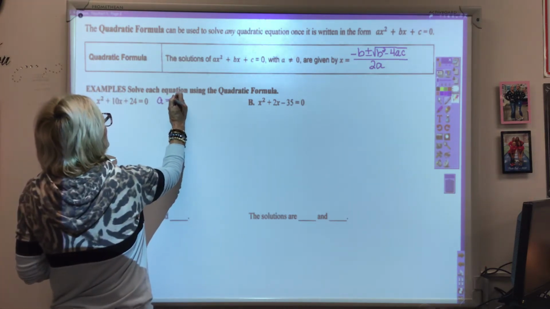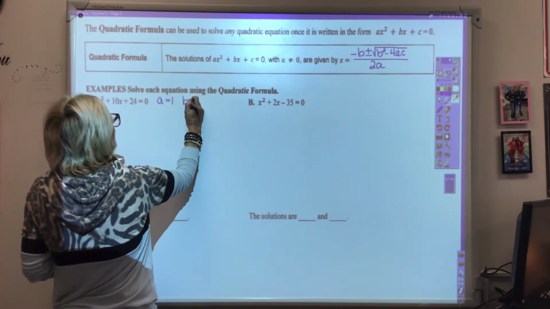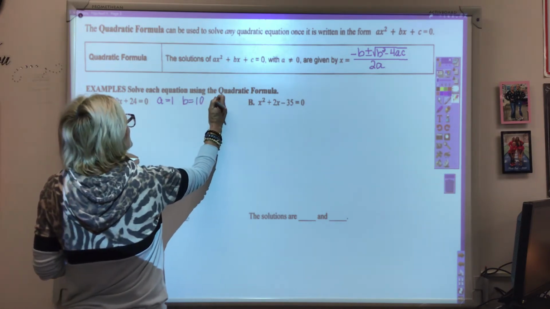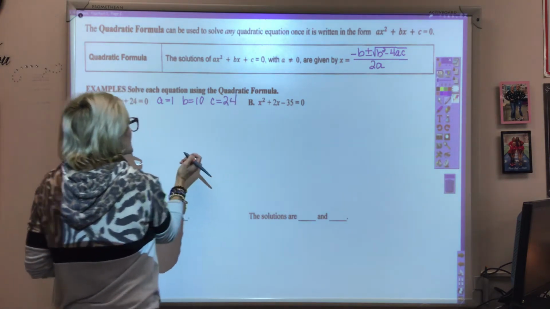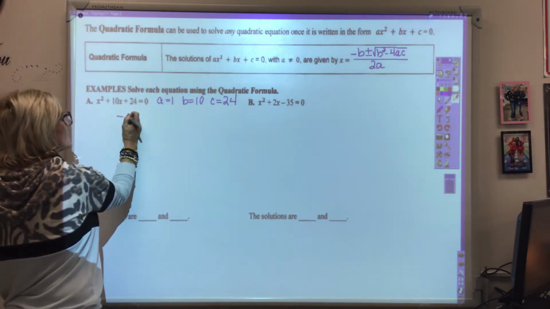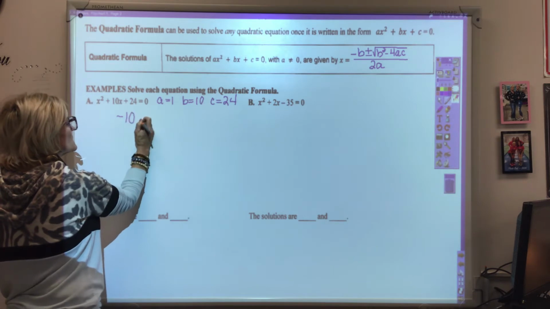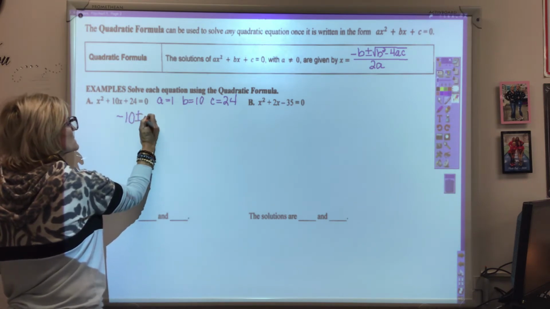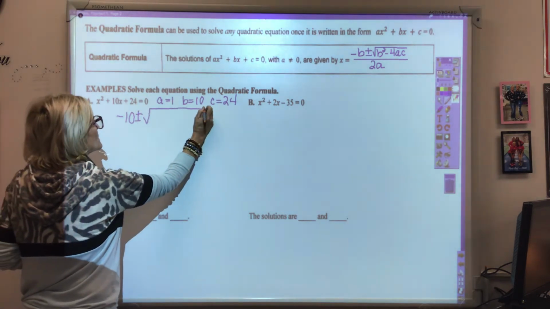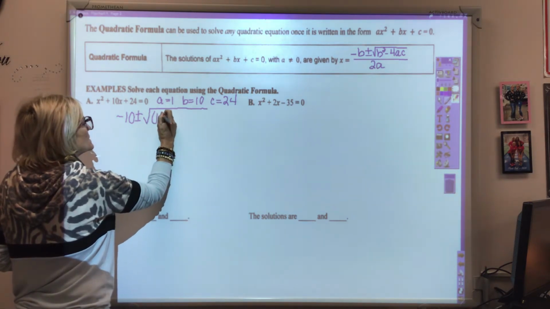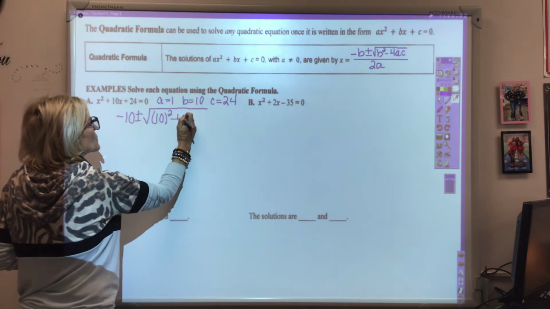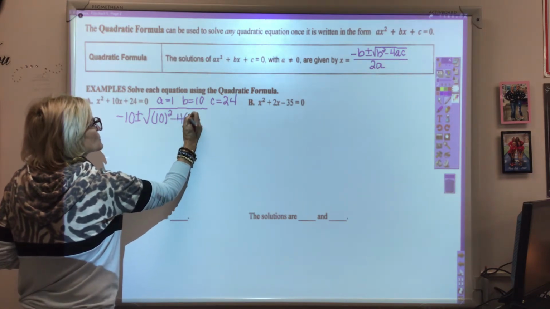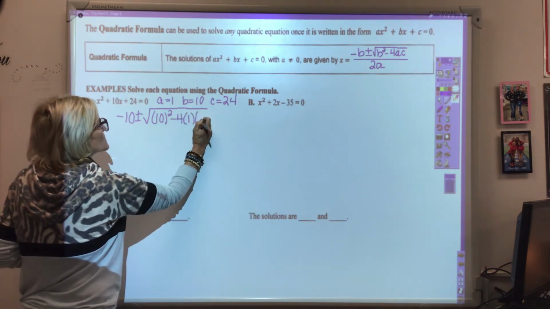A is 1, b is 10, c is 24. So we write it out, the opposite of b, which was 10, plus or minus the square root of 10 squared minus 4 times 1 times 24.